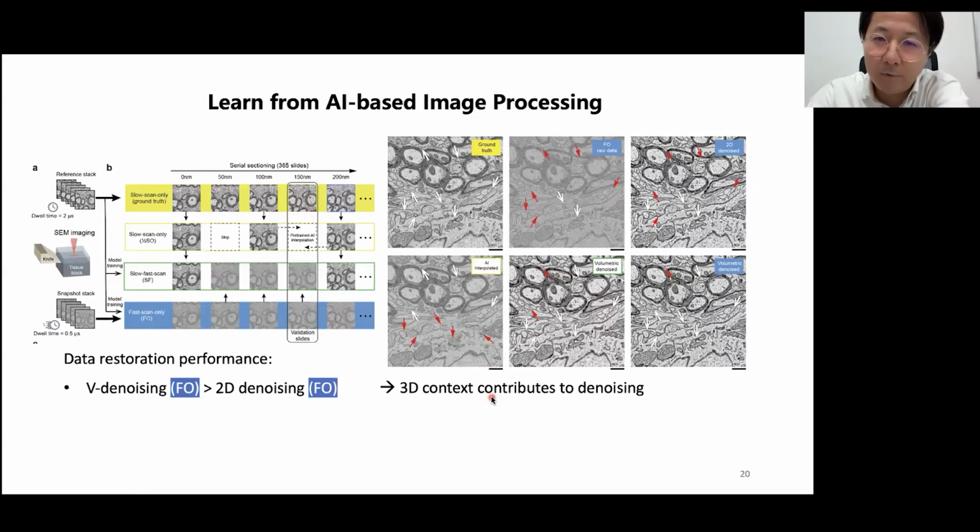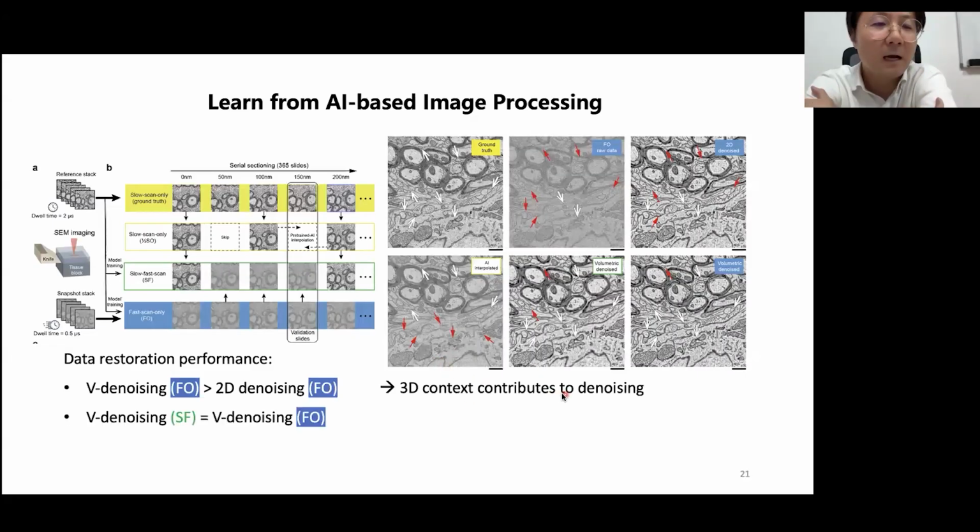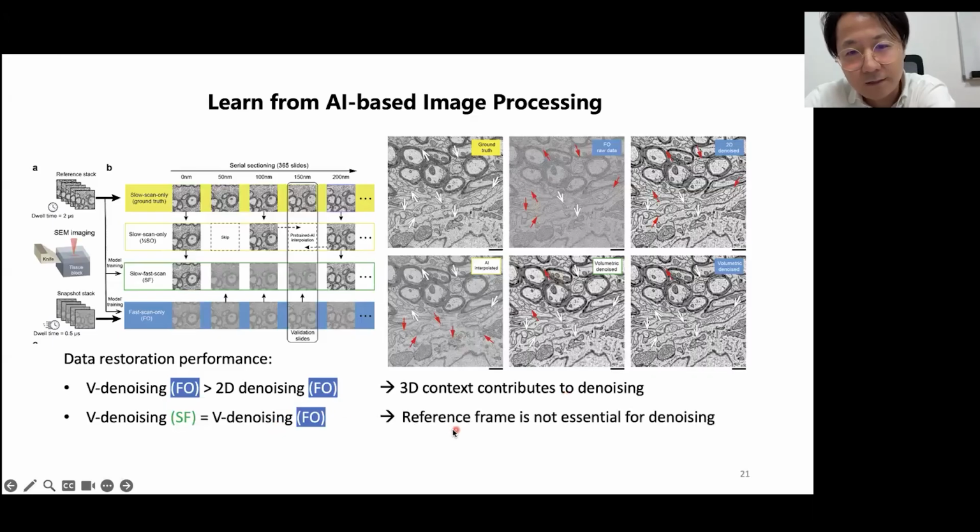All the membranes, mitochondria, and other larger structures are continuous in 3D space. And the second is, the reference frame does not contribute that much to our denoising. The reference frame is not essential for denoising if you compare these two cases: in one we have the reference frame, and in the other we do not.